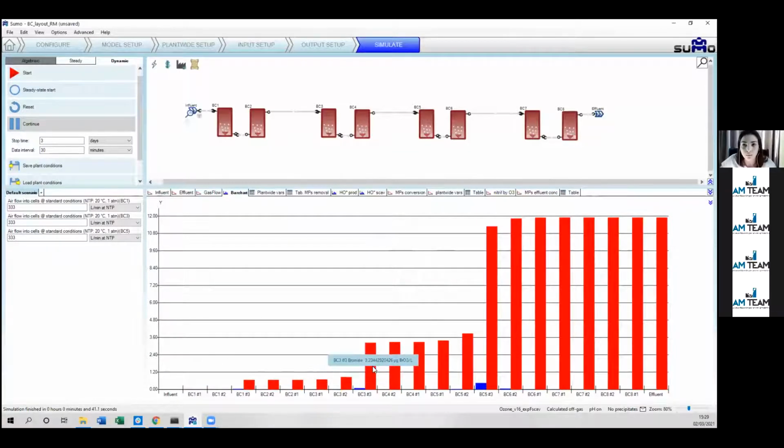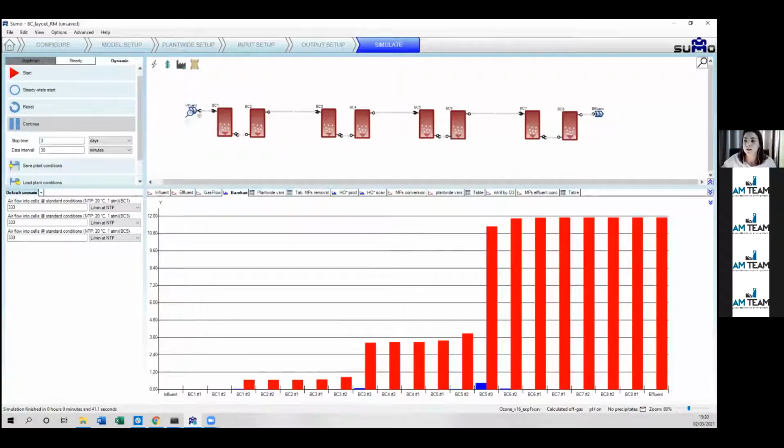Then we have a small jump up in BC3 to 3 micrograms per liter, and the highest formation occurs in BC5, in the last column where we are dosing. But in the effluent, now we have almost 12 micrograms per liter.